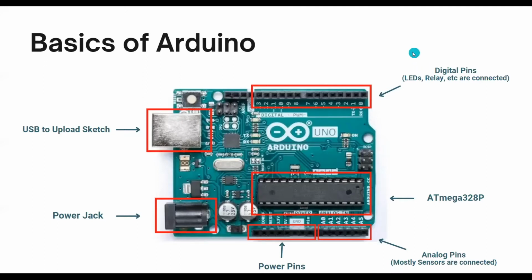Let me explain with an example. You are able to see my whiteboard, right? This is how a digital signal looks, and this is how an analog signal looks. Suppose one value is 1 and the other is -1.